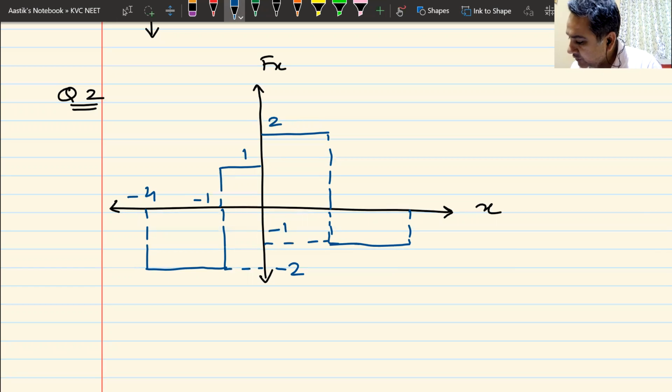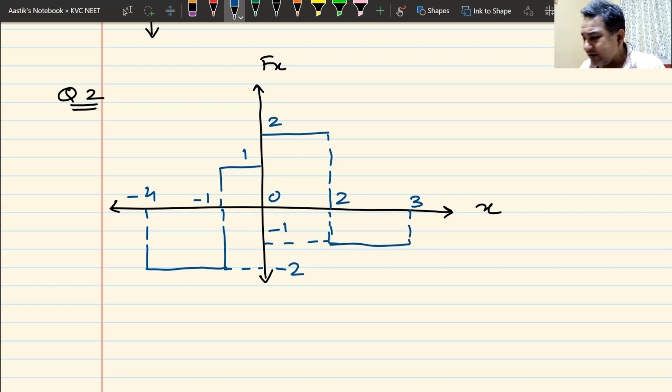This is minus 1. This is 0. This is 2. And this is 3. Everything is in SI units. Obviously, this force is changing. Sometimes it is constant and it changes, then it becomes something else. See, the only idea is to understand how do you find it out, nothing else.